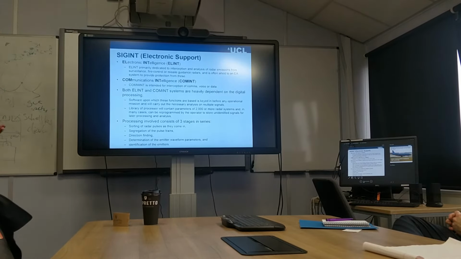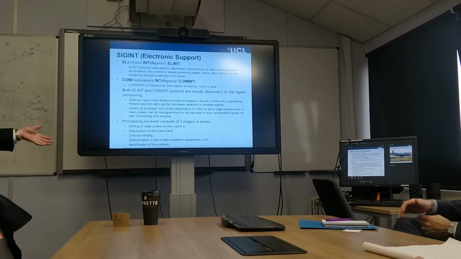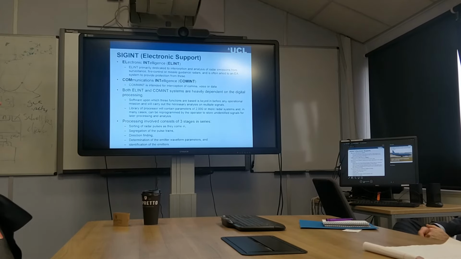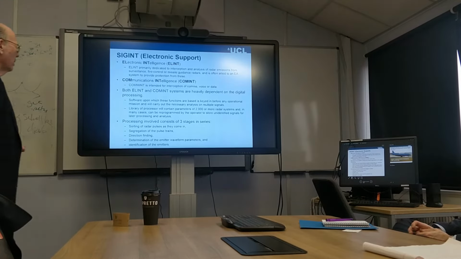They try to infer all the parameters of the radar, and if it's a known radar operating in a mode that we haven't seen before, that's good intelligence information. If it's a radar that they haven't seen before at all, that's really good information. And then just finding out the location of the radar is very important, especially if it's a SAM associated radar and you're in a combat or near combat situation.